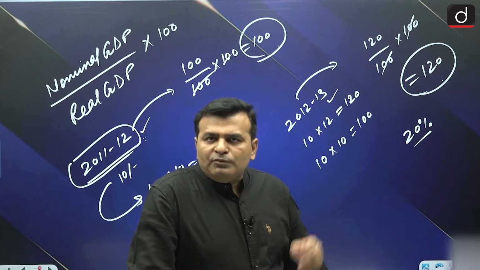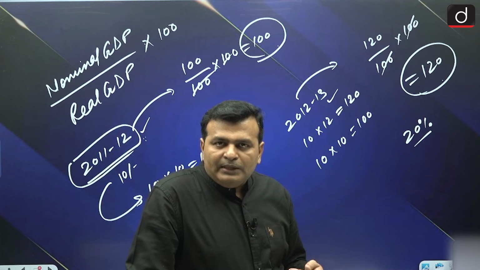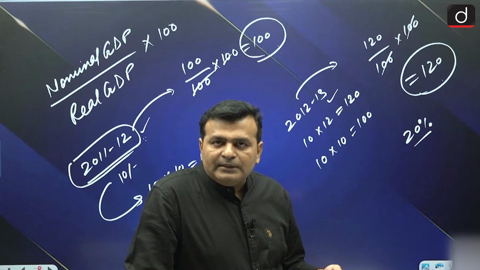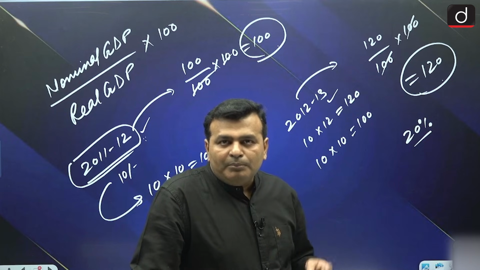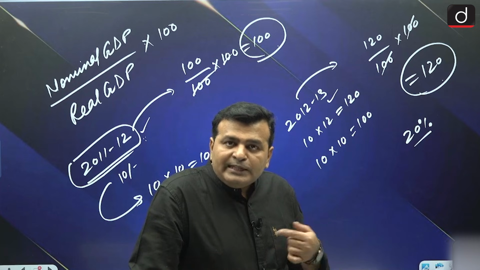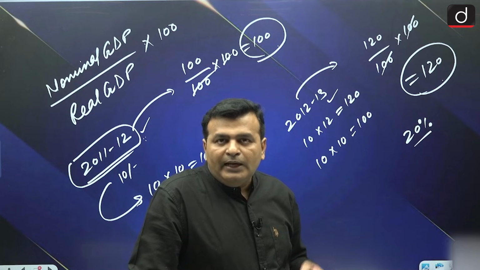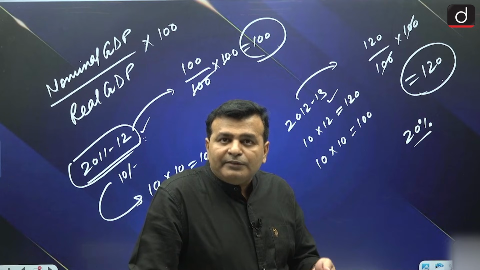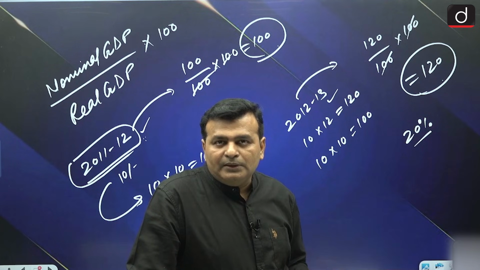Another limitation is what? WPI and CPI as index, they are calculated every month, but GDP is calculated on a quarterly basis, and the data that we derive with respect to the GDP, it lags.